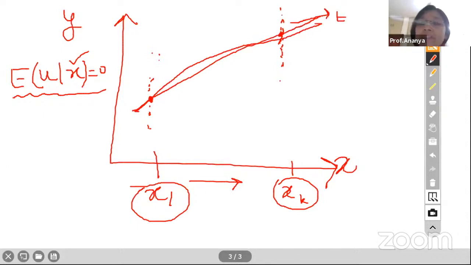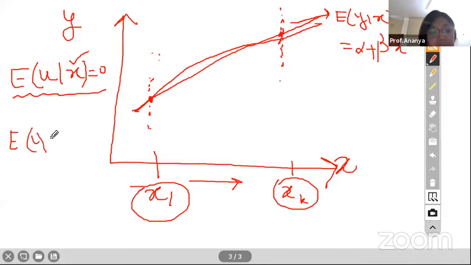This line is the average value of Y given X, equal to alpha plus beta X. Because the expected value of U given X is equal to 0, around the average there are about as many positive deviations as there are negative deviations. That's what explains the symmetric shape of the graph.